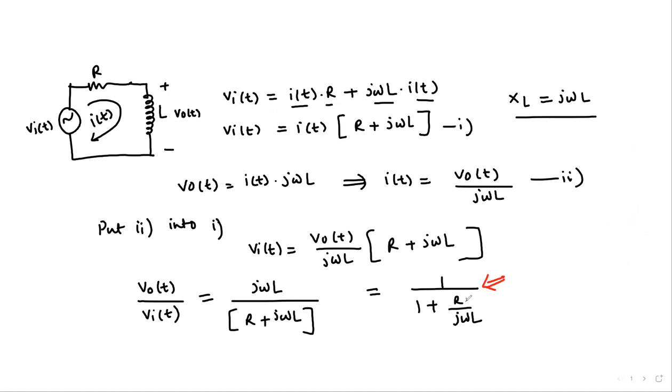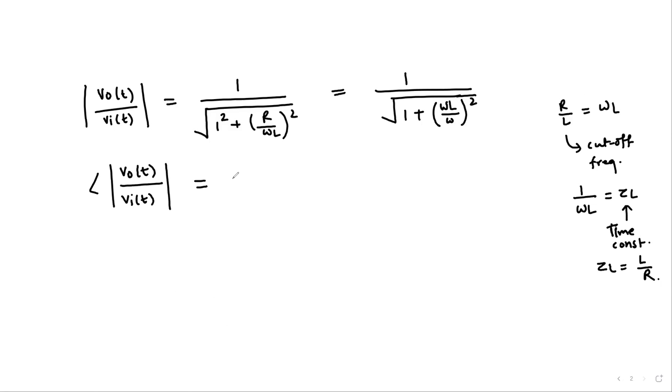So coming back to this, we write here minus tan inverse R divided by j omega L, which can further be written as tan inverse omega L divided by omega.